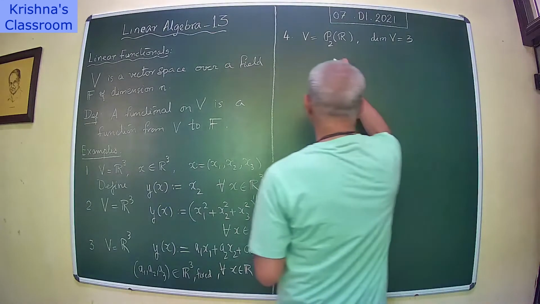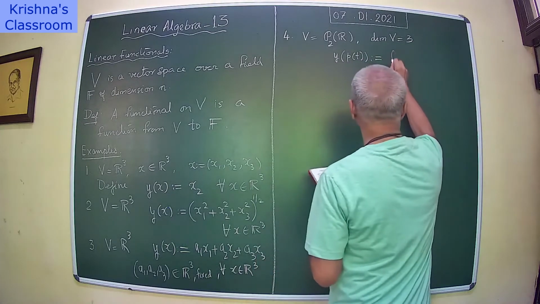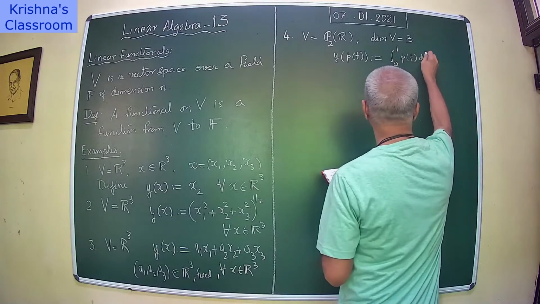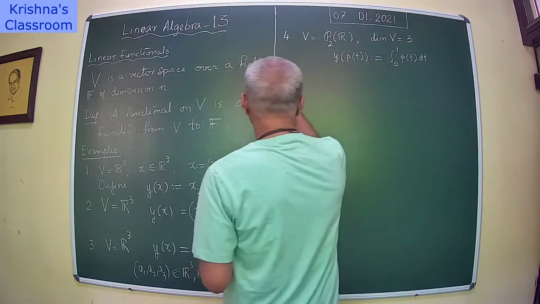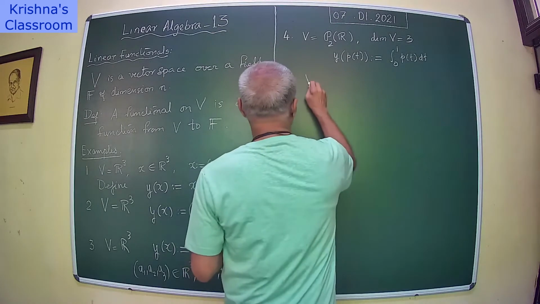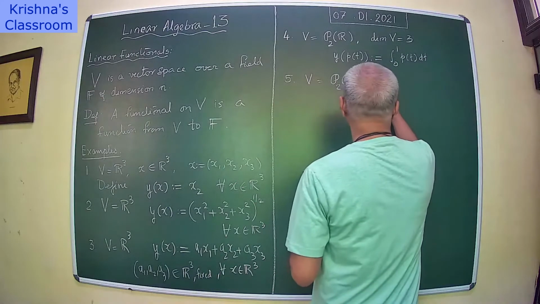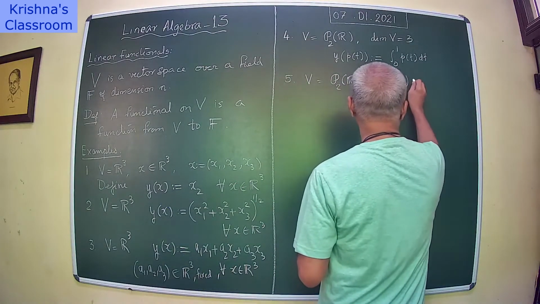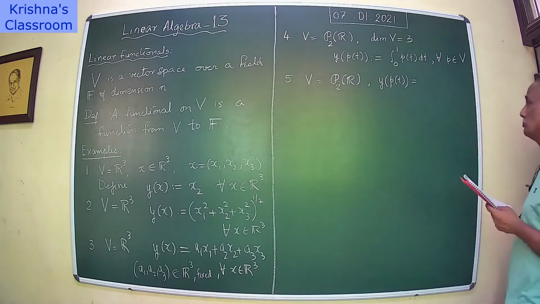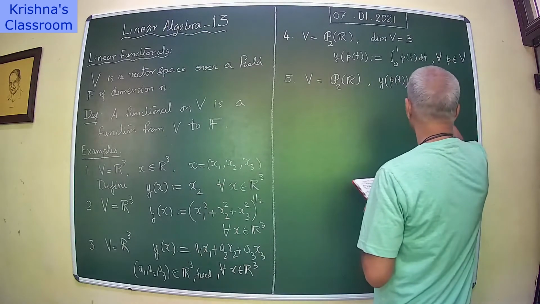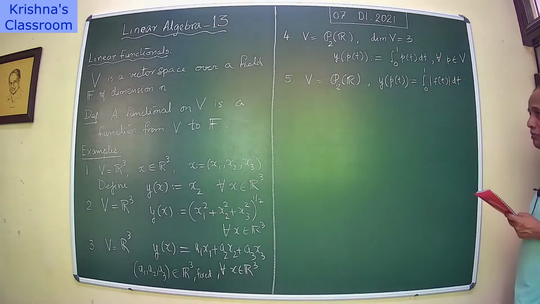Then we define y of p, which again gives you a real number, therefore it's a function into R. You know that this integral exists, there is no problem, it's a polynomial.